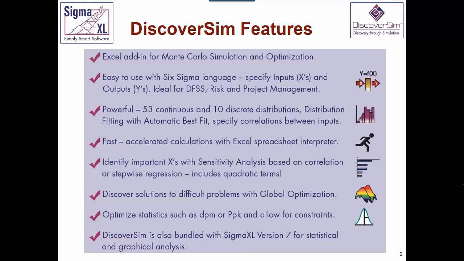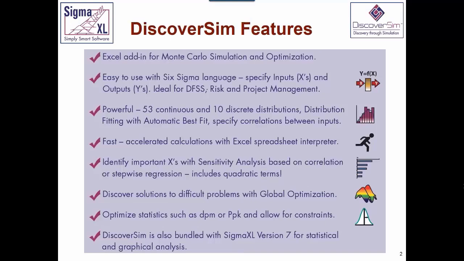It's very powerful. There are a lot of distributions, 53 continuous distributions, 10 discrete distributions. We have automatic best fit, and you can specify correlations between your inputs. It's also quite fast. We have an Excel spreadsheet interpreter that accelerates the calculations in the background. I'll talk a little bit more about the technical details of that. You can do sensitivity analysis, identifying your important X's.